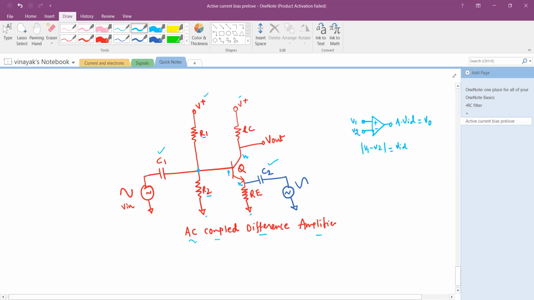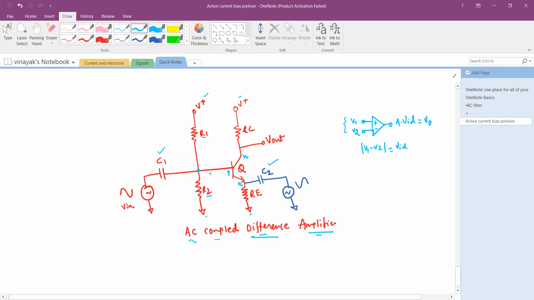So here you see there are two inputs required, but the topic today is to give you an idea about how a single transistor can also be used as a difference amplifier or differential amplifier.